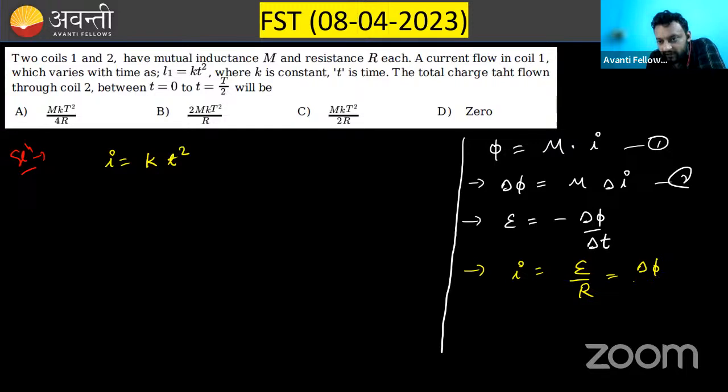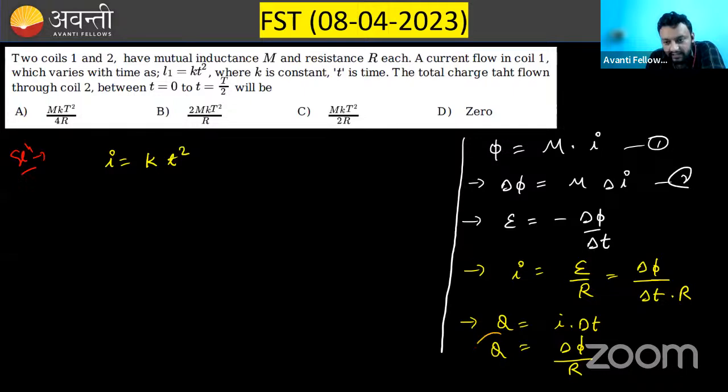That will be delta phi over delta T into R. This is current. The question is asking for the charge, and you know that charge is equal to I times delta T. So if you place the value, delta T will cancel. So Q will become delta phi over R.